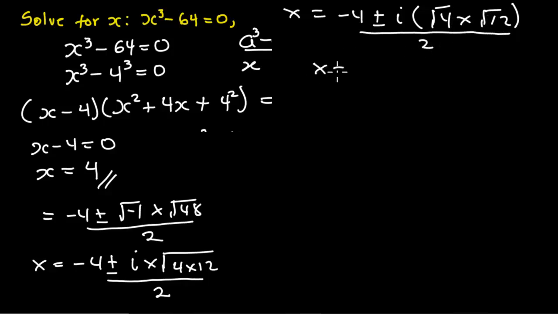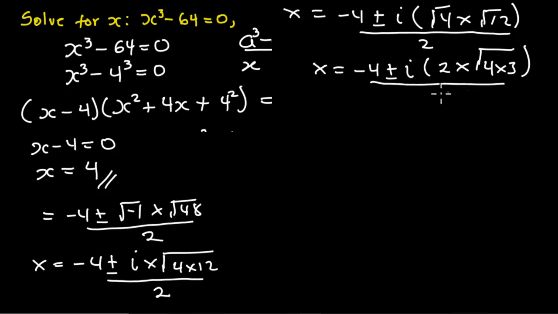So x will be equal to negative 4 plus or minus i, the square root of 4 gives 2, times the square root of 12, which can also be expressed as 4 times 3, all over 2.